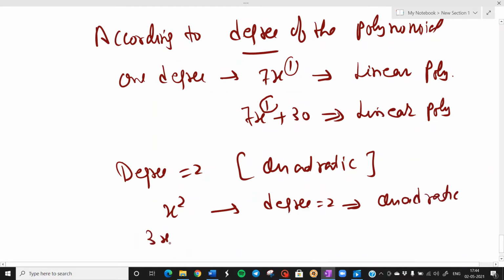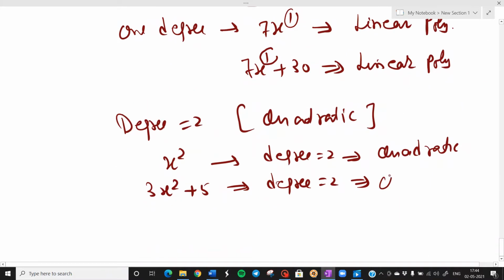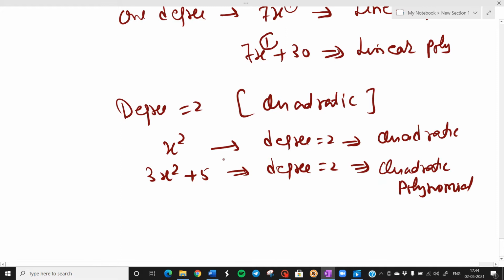I'm writing 3x square plus 5. Yes, the highest power is 2, so degree is 2, so that is also a quadratic polynomial. In this case, yes, we can say so.